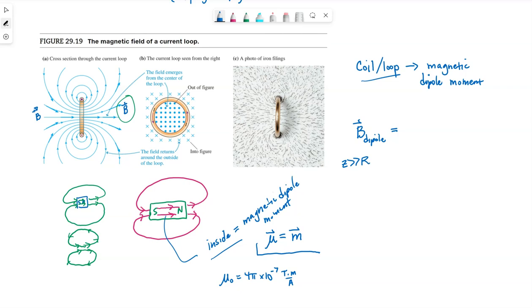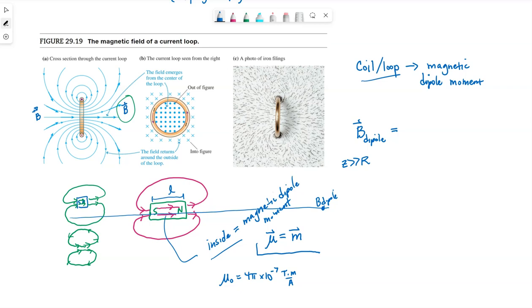So essentially, if we come down to my permanent magnet that I've drawn, this equation, B dipole, is for on the axis, so the line that the dipole moment would lie along, but far, far away from the magnet, such that the length of the magnet is insignificant compared to Z.